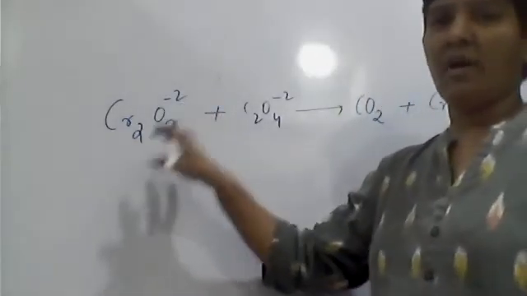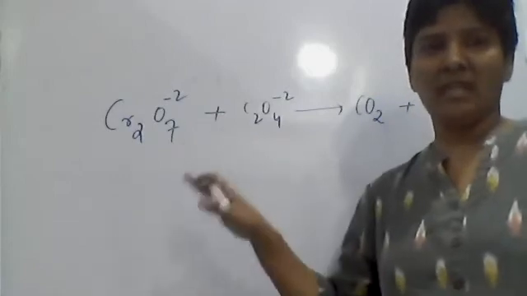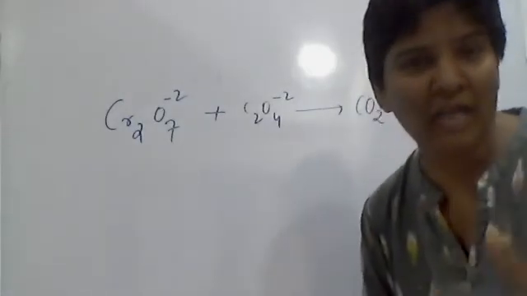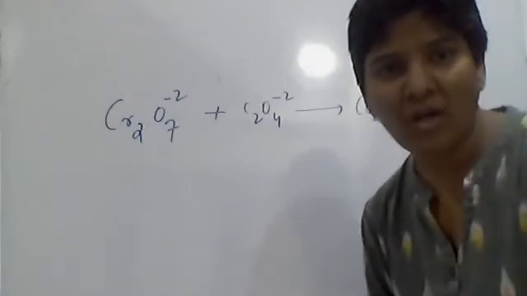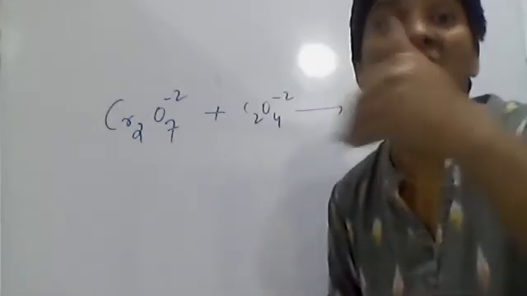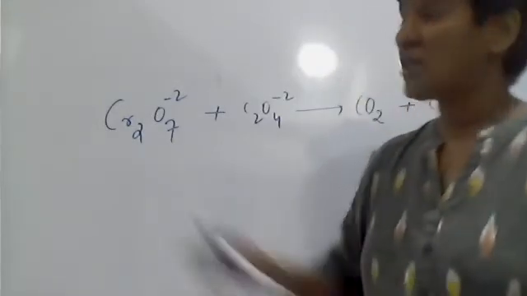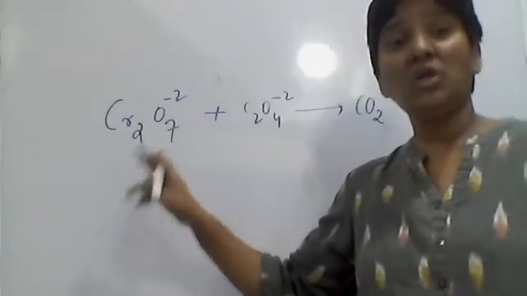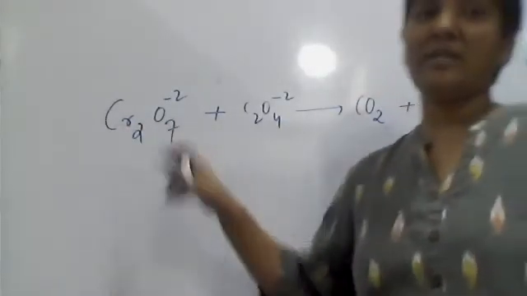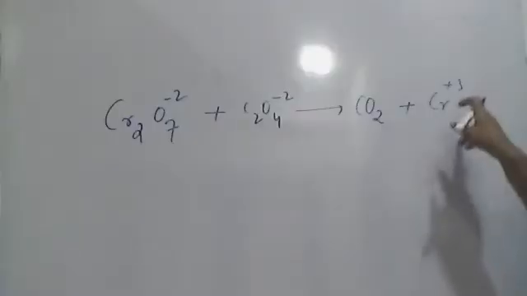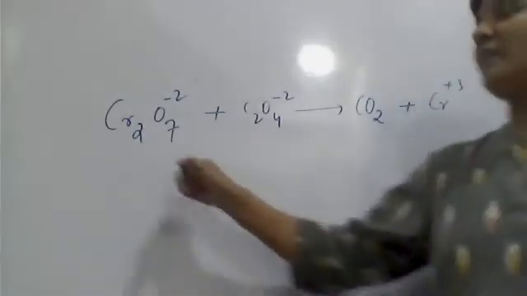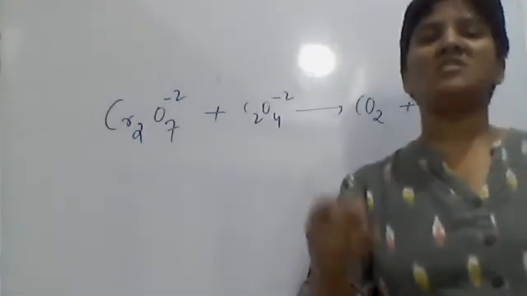When this orange color substance comes in contact with ethyl alcohol, that is drinks, what happens? The ethyl alcohol is oxidized to acetic acid. So it oxidizes the alcohol to carboxylic acid. At the same time, it undergoes reduction to chromic salt. So in the drunken drive machine, potassium dichromate with acidic medium is taken.